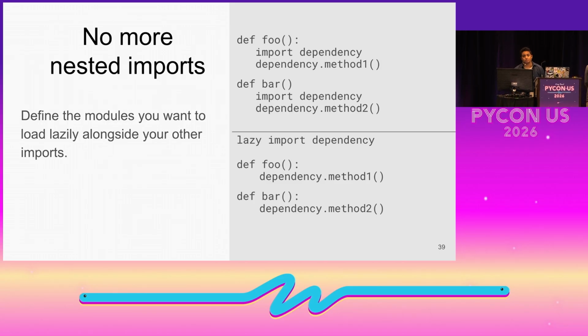Great talk, thanks. I think this may be similar to the previous question, but do you see PEP 810 still having use cases where you would expect to rely on the classical lazy import pattern, where you're just moving the import down into your function or conditional? Or do you see it fully replacing that pattern?